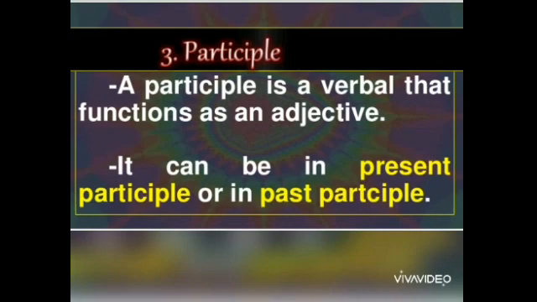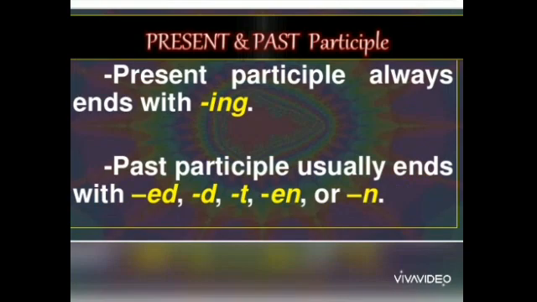Present participles end with ing and past participles usually end with ed, d, t, en or n. Perfect participles take the form of having plus past participle and indicate that an action is completed in the past.